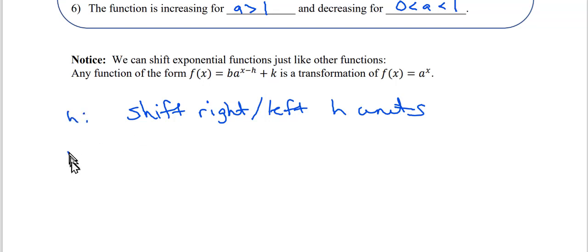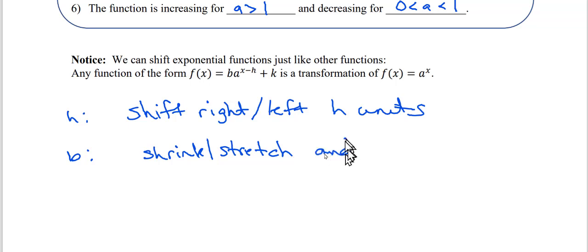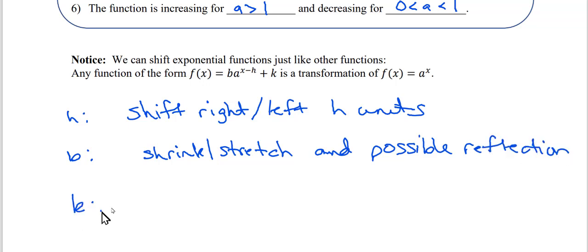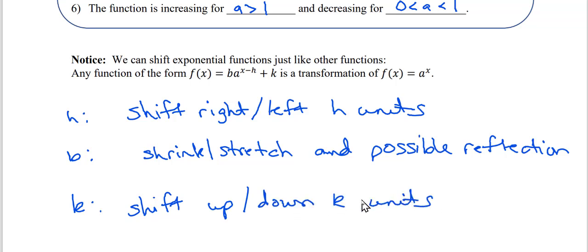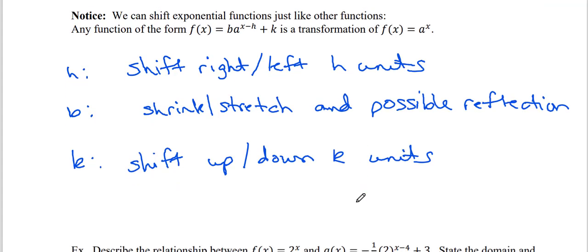The b is a shrink or stretch, and it could be a reflection if it's negative. And then the k is a shift up or down. That's that vertical shift. So we can transform this around the plane.